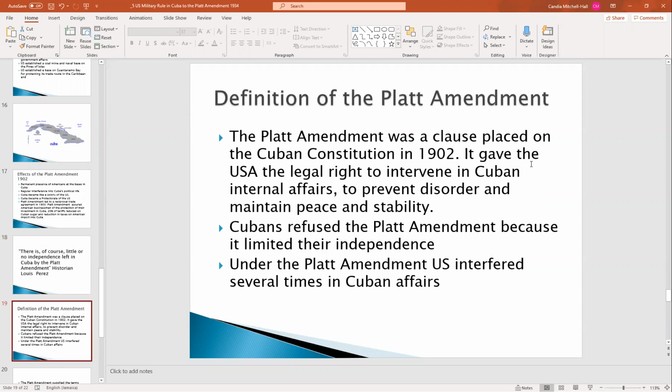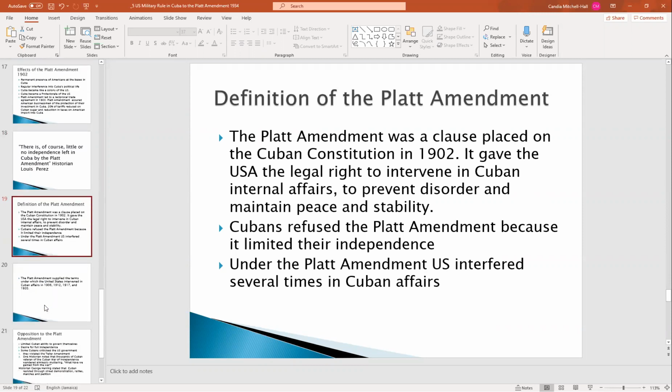And so if we want to put a definition to the Platt Amendment, we could say the Platt Amendment was a clause placed on the Cuban Constitution in 1902. It gave the United States legal right to intervene in Cuba's internal affairs to prevent disorder and maintain peace and stability.